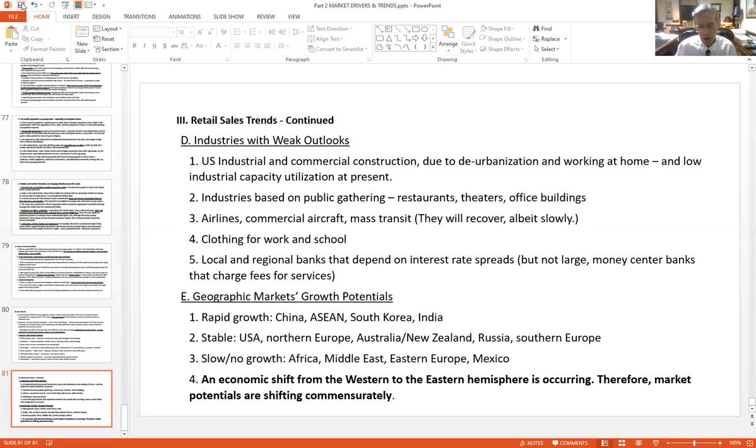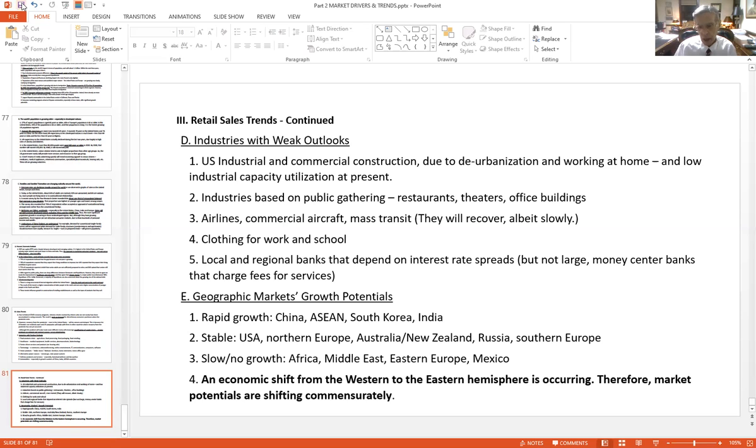Some markets in the world are more attractive than others. As we've observed, China, countries in the Association of Southeast Asian Nations, South Korea, and India, all are expected to grow rapidly. Although in the case of India, while it's growing rapidly, it's growing from a very low base. The consumer markets are there, but you've got to sell things at low prices.